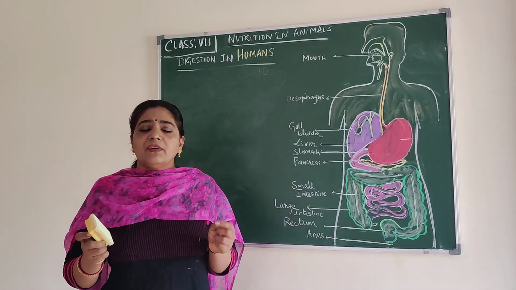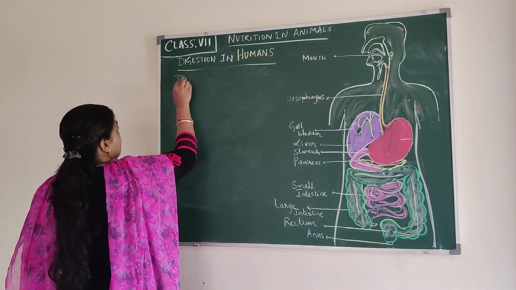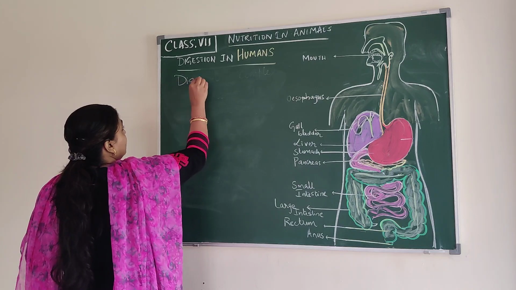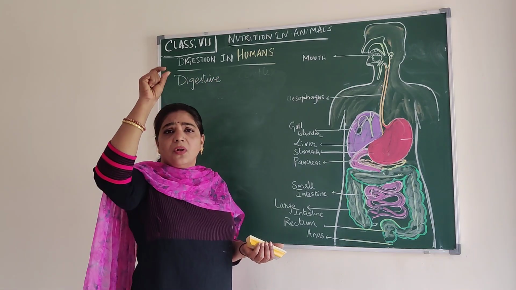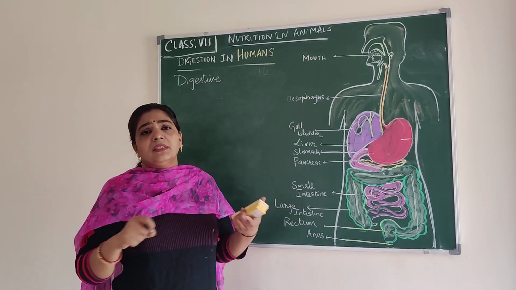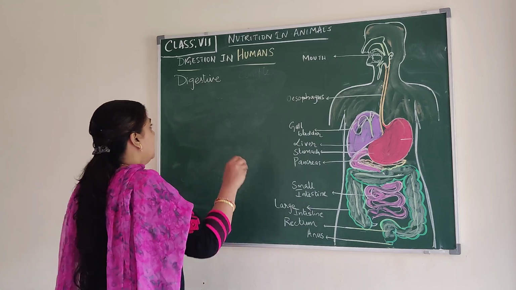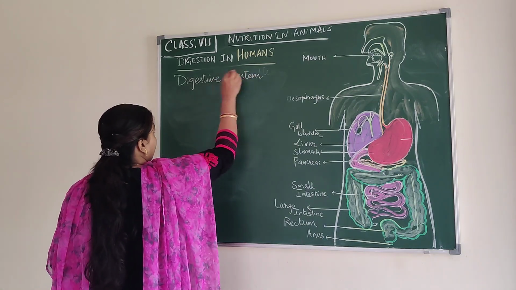So what does our digestive system consist of? You can just look at the diagram here. The digestive system is a long tube, a long tunnel, or you can just say a long pipe. Our digestive system is highly complicated.